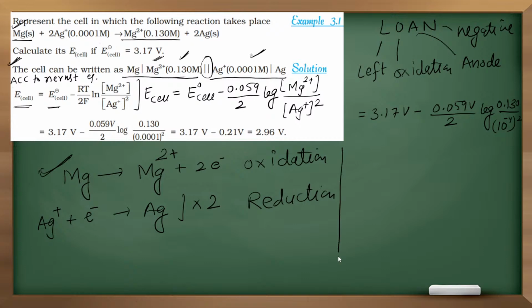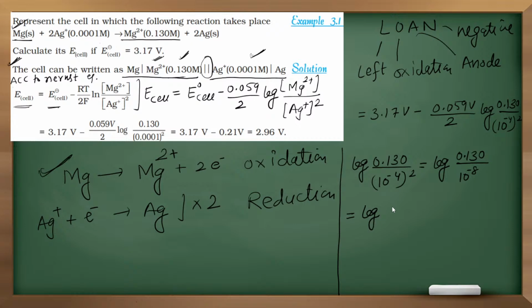So solve it separately. The log of 0.130 divided by 10 raised to power minus 4 raised to power 2 is equal to log of 0.130 divided by 10 raised to power minus 8.